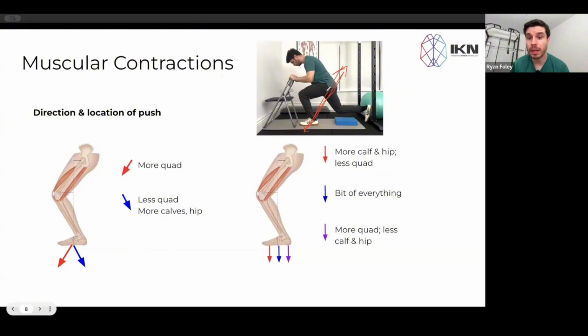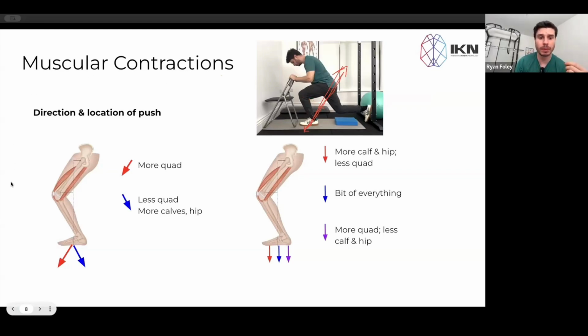Now, the external force vector is moving closer to the hip joint, but it's much farther now from the knee joint, the perpendicular distance here. So that's going to increase the external knee flexion moment arm, and it's going to request a lot more demand from the quadriceps. It's going to require the quadriceps to do more, okay?